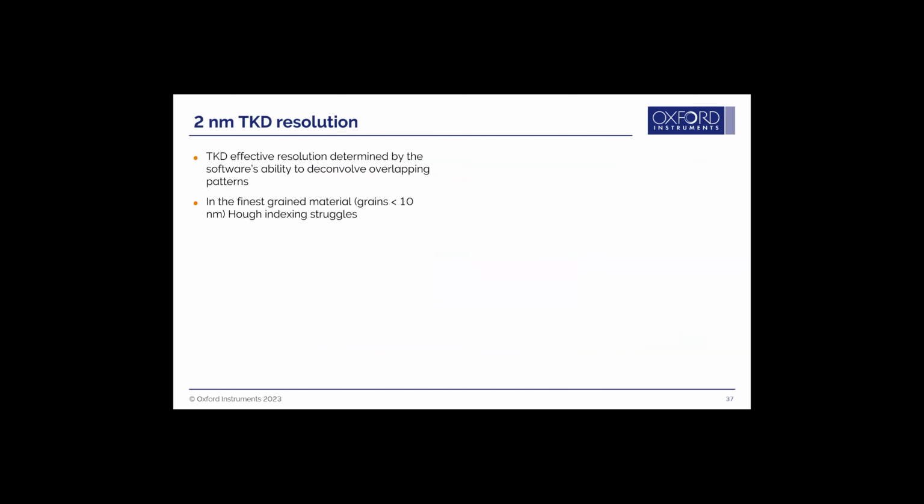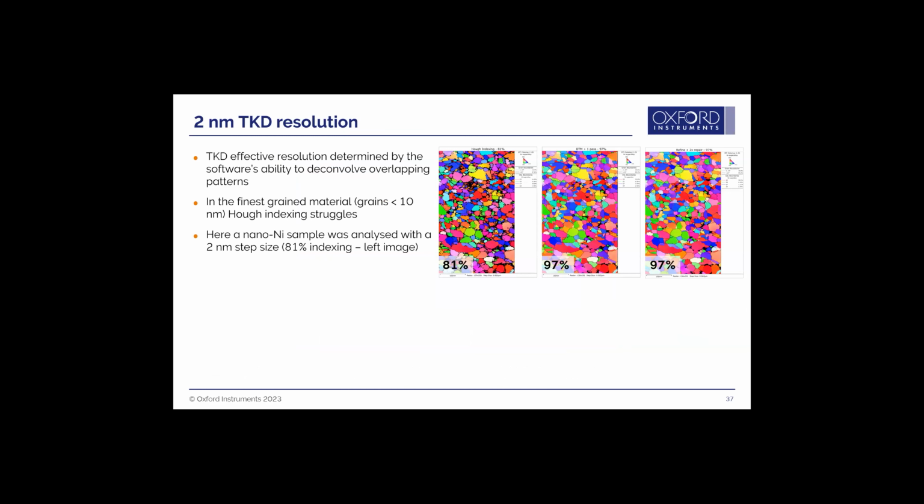This one's a nice one to show, really fine resolution here. I actually forget the material on this. So this is a nickel alloy. If you look at the original Hough indexing, it's what you'd say was a decent map.